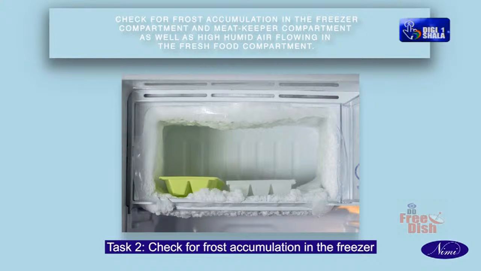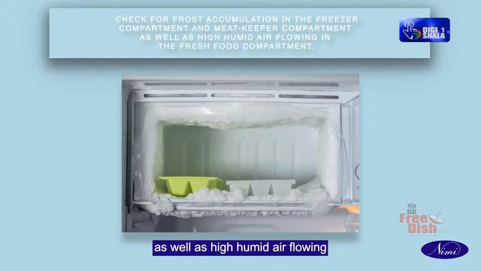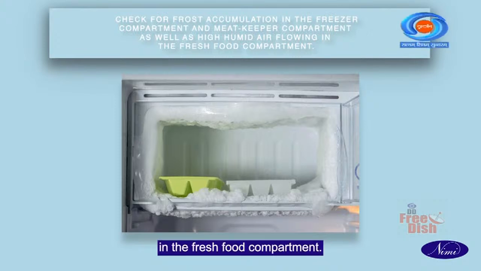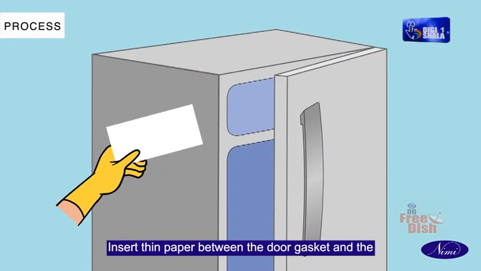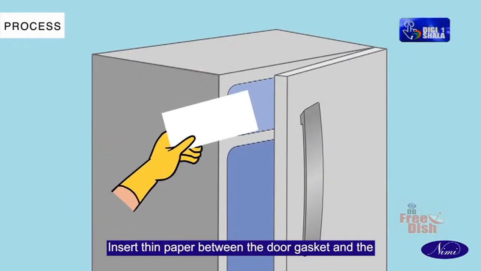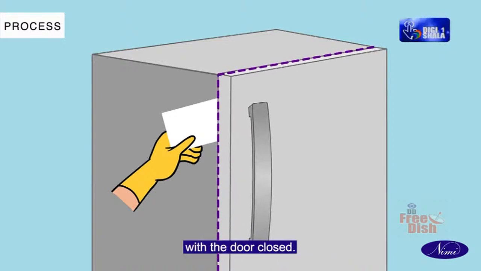Task 2. Check for frost accumulation in the freezer compartment and meat keeper compartment, as well as high humid air flowing in the fresh food compartment. Insert thin paper between the door gasket and the gasket sealing area on the body of the refrigerator with the door closed.